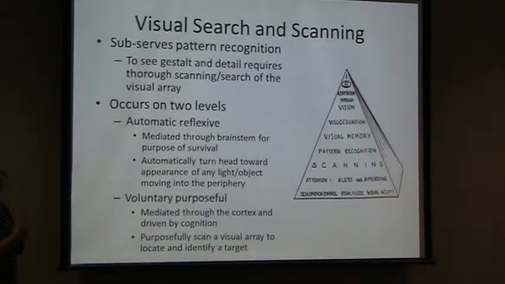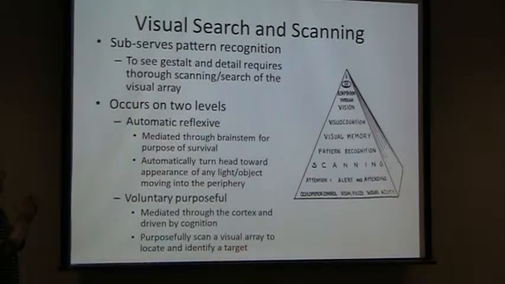And this occurs on two levels. There's the automatic reflexive, which goes through the brainstem for purposes of survival. People will automatically turn their head towards a light object or movement. That's a really old part of the visual system, moving your head when you see something at the side.